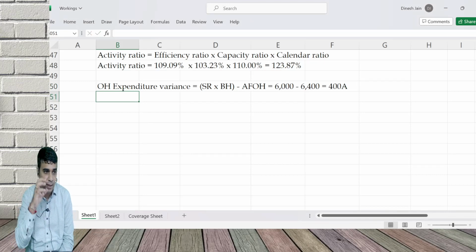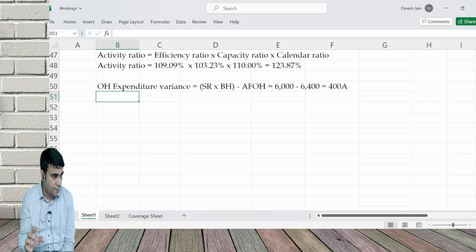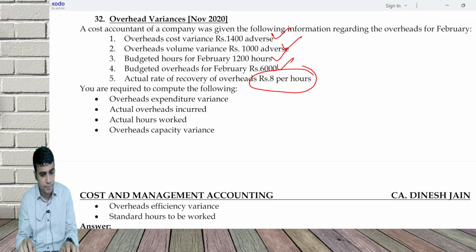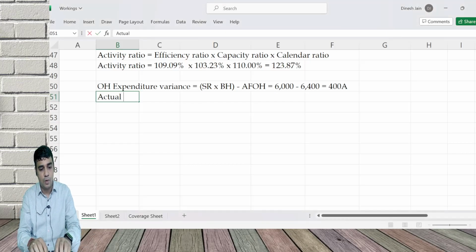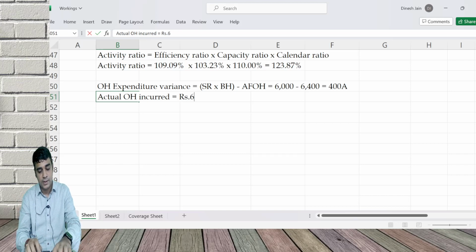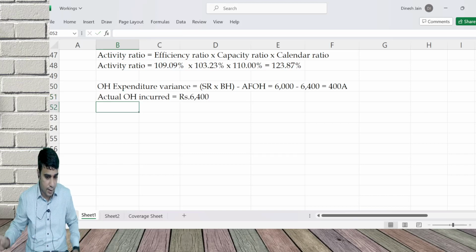Once the table is done, the balance is just a formality. You have already done the table. We'll just keep copy pasting numbers from there. What's the next item? Actual overheads incurred, already calculated. How much? 6400, AFOH.